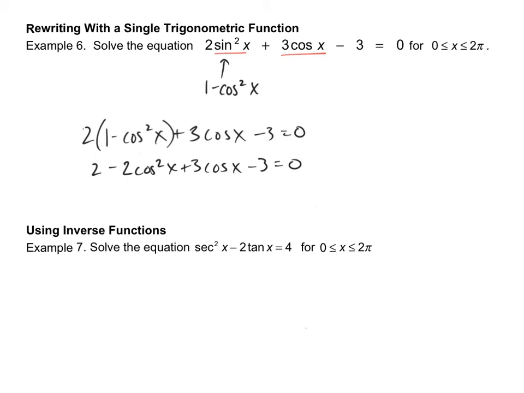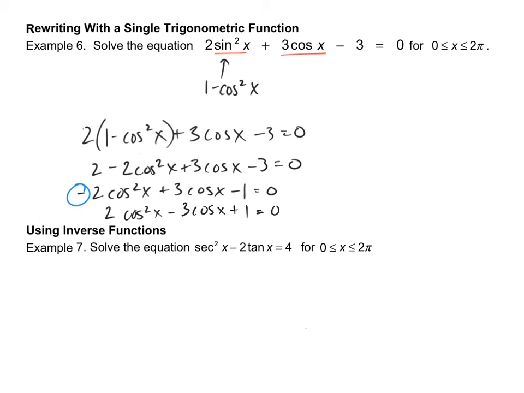And then I'm going to put this in a more familiar looking form, so ax squared plus bx plus c, but it's a negative 2 cosine squared x plus 3 cosine x, and then negative 3 plus 2 is still a negative 1, but we really don't like these negatives out here when we factor, so I'm going to divide the entire equation by negative 1, which means that I will rewrite this as 2 cosine squared x minus 3 cosine x plus 1, and 0 divided by negative 1 is still 0.